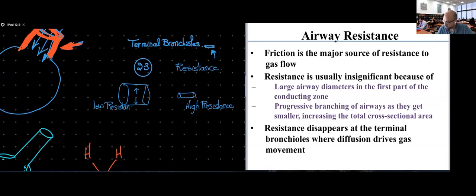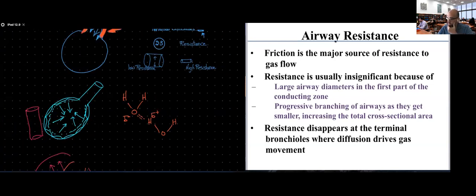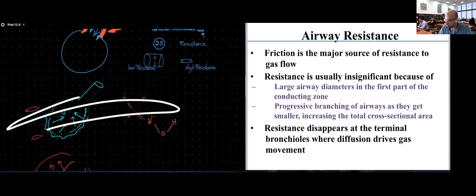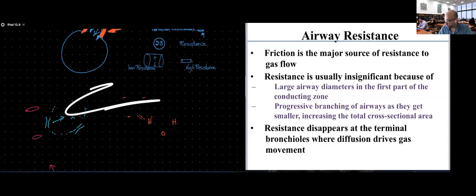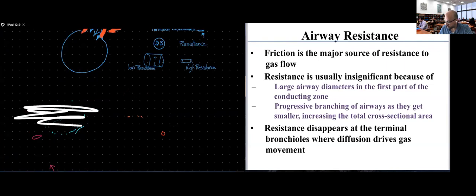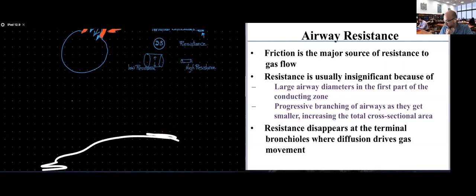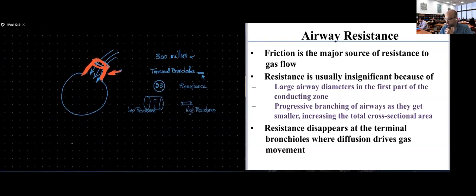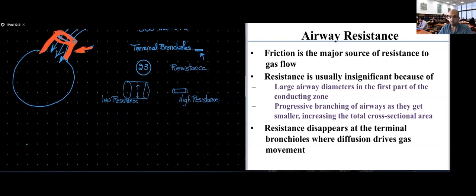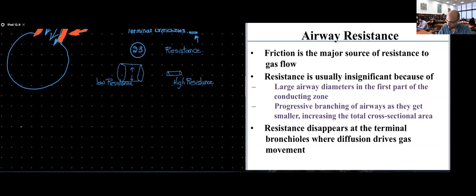Putting into consideration here the diameter of those terminal bronchioles, what do you expect to see in terms of resistance of the airways? High resistance or low resistance? I'm traveling from the trachea to reach my terminal bronchioles.